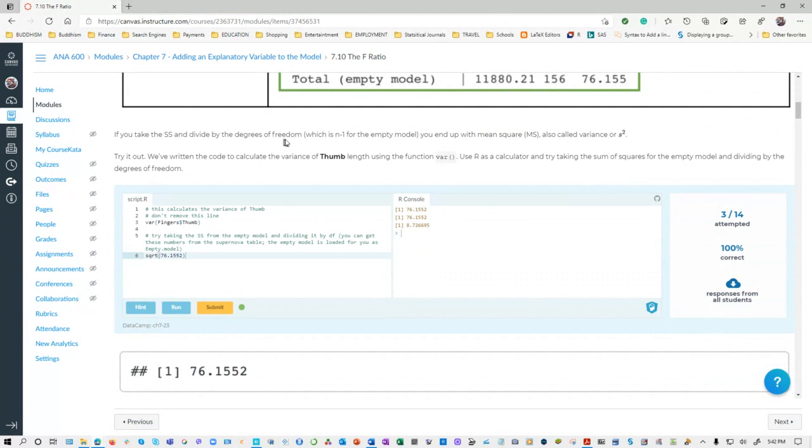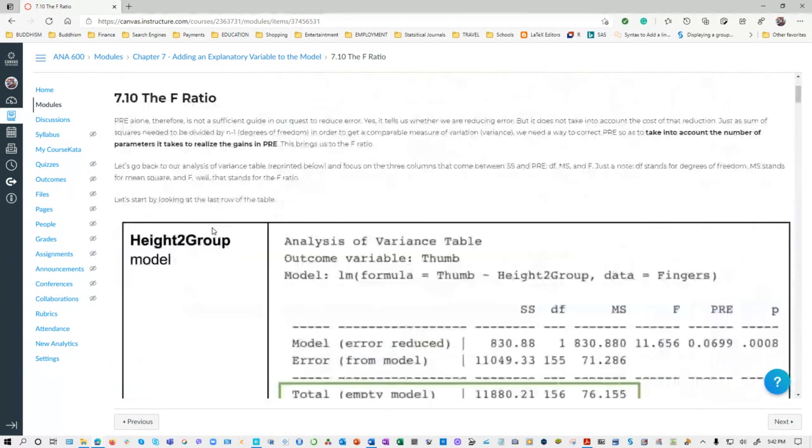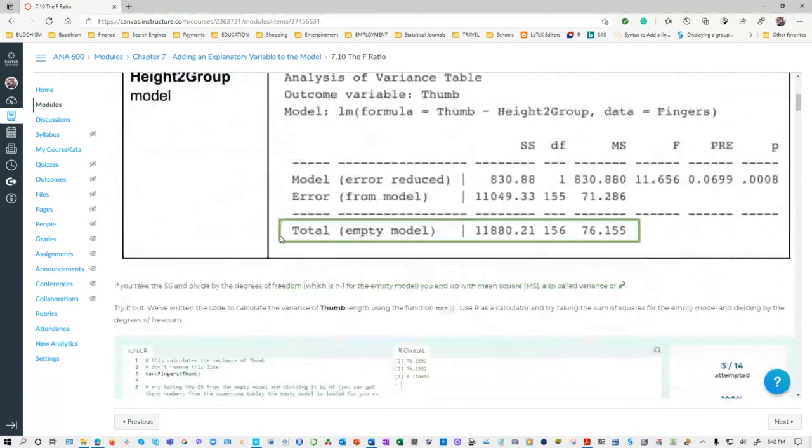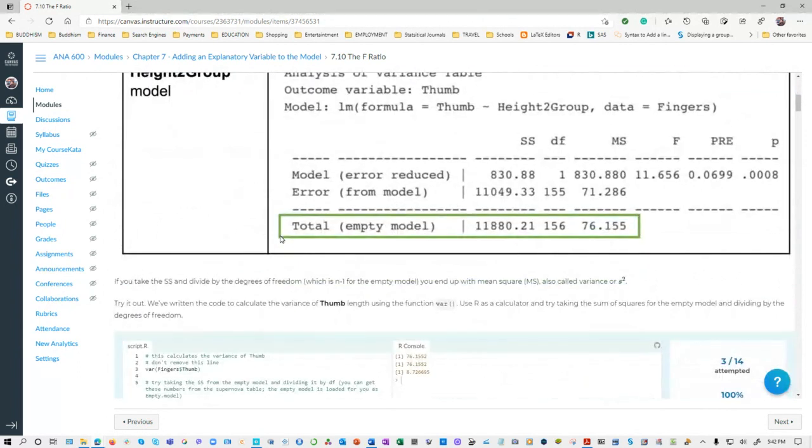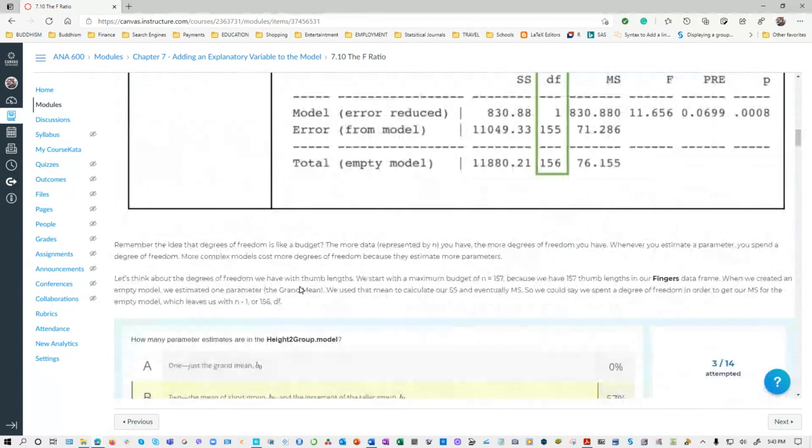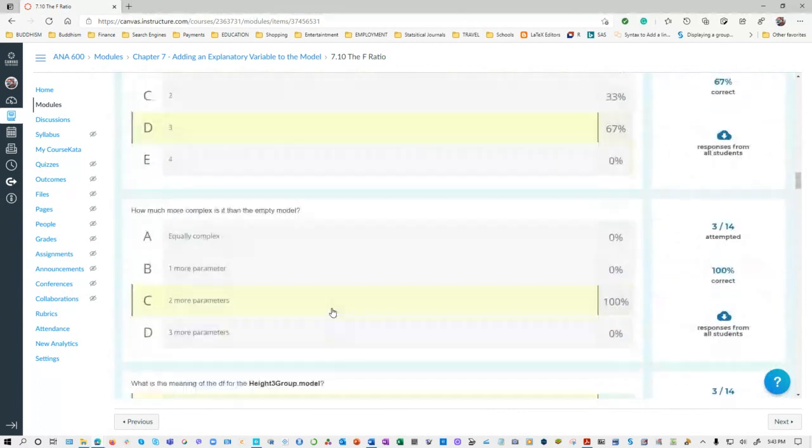If you take the SS and divide by the degrees of freedom, which is n minus 1, you end up with the mean squared, or the variance of this one. This would give you the s squared. See? Y minus y bar squared divided by n minus 1 would give you this one. Partition in degrees of freedom, we have done that one.